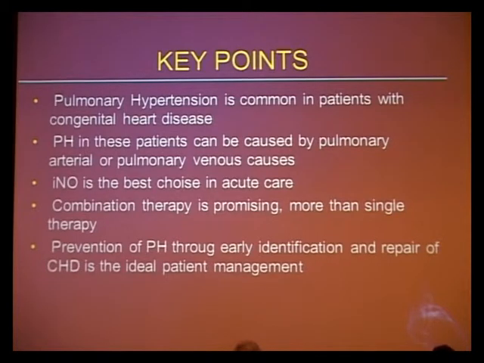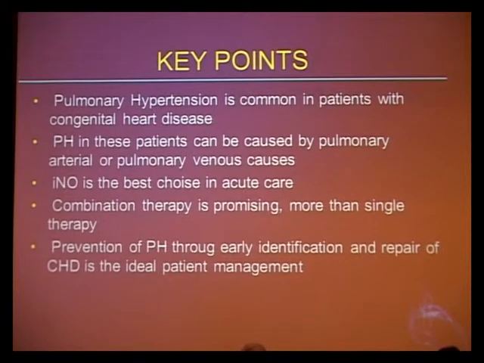Some key points to conclude. Pulmonary hypertension is common in patients with congenital heart disease. Severe pulmonary hypertension is not frequent, but is a very dramatic event when you encounter it. Pulmonary hypertension in these patients can be caused by pulmonary arterial or pulmonary venous causes, and nitric oxide remains the best choice till now in acute care.